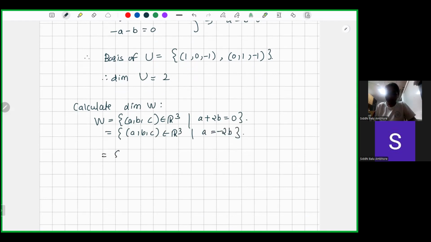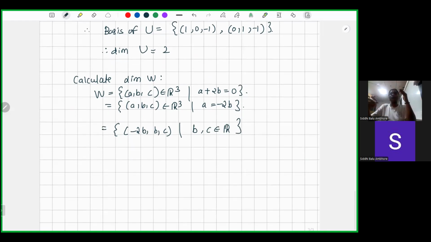Okay, so this implies that (A, B, C) in R3 with A is minus 2B, so (A, B, C) becomes (minus 2B, B, C) such that B and C are in R. So note that here A is dependent on B, so we get rid of this variable A here.